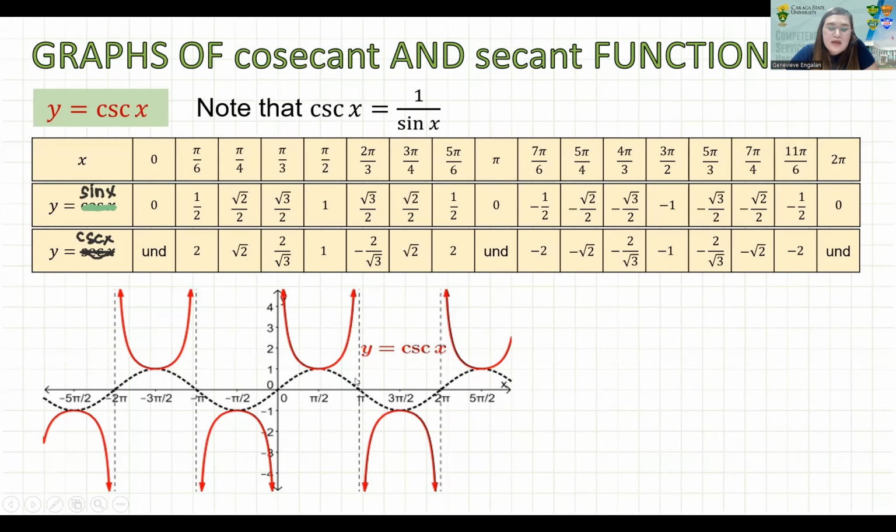So ang kada divisible by pi or multiples of pi, 0, pi, 2 pi, 3 pi, 4 pi.